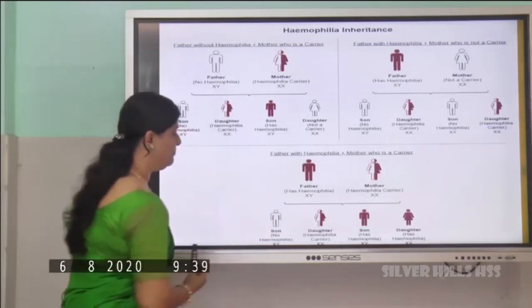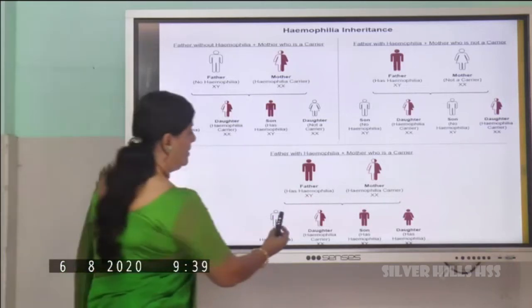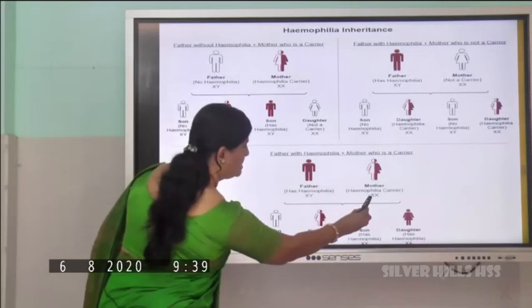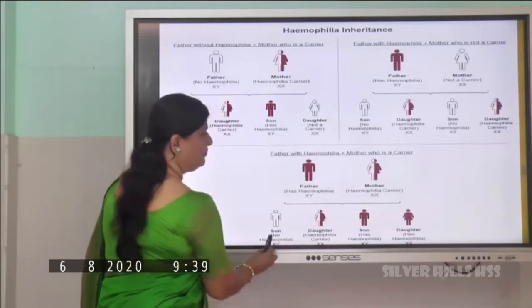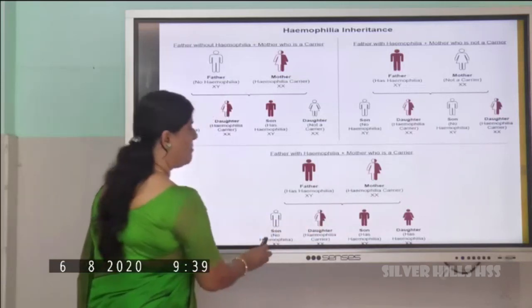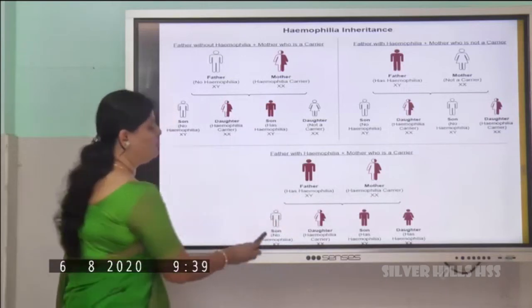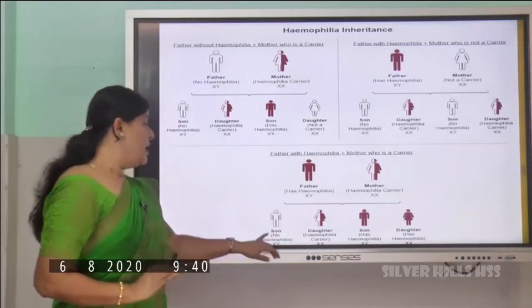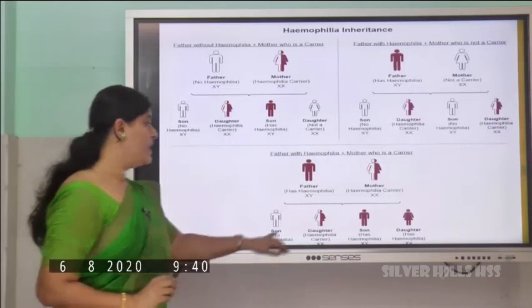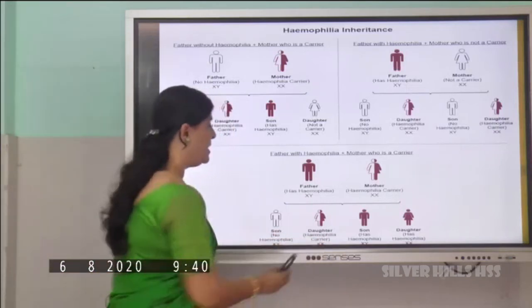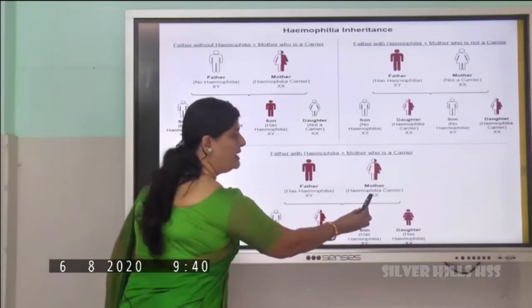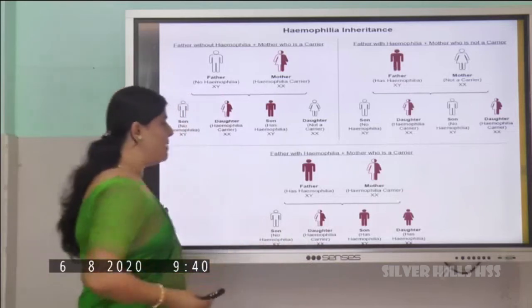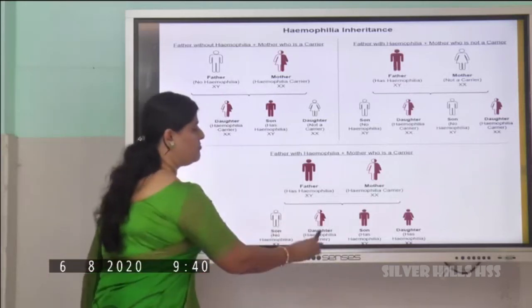This son has got this normal X from mother and Y from father. So this son is going to be a normal person. What about this daughter? This daughter has got this normal X from mother and this X from father.